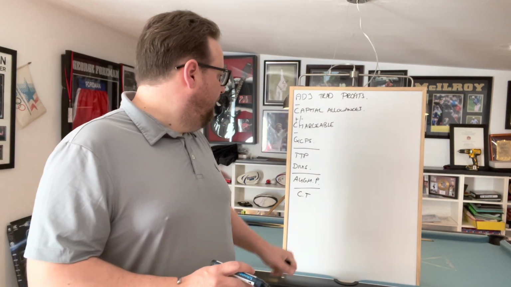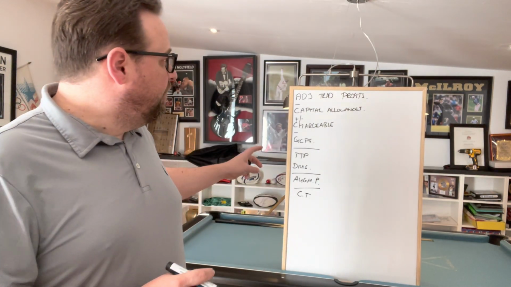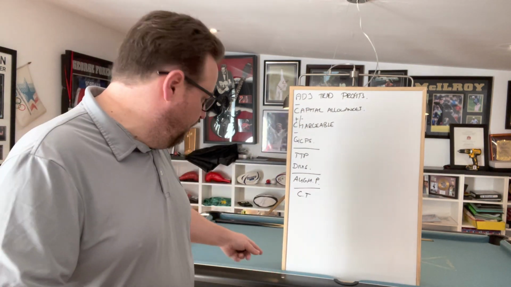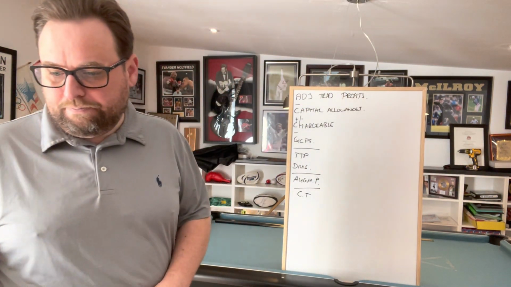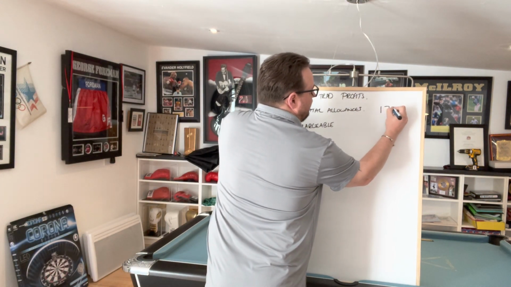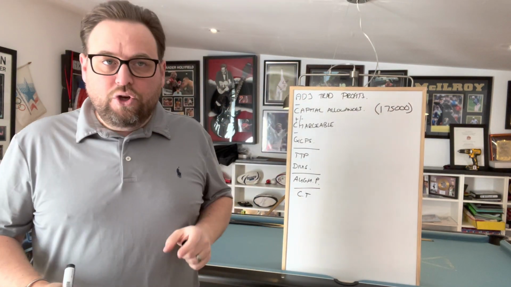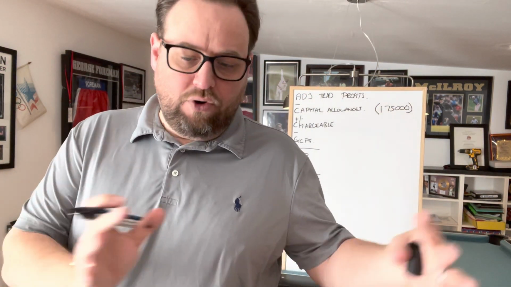And almost all of these numbers come from the question. So adjusted trading profits we can't do yet because we've got an adjustment to do that we'll do down here in a minute. Capital allowances, it gives us that. 175. Chargeable gains, we work out later on and we'll come back to it.